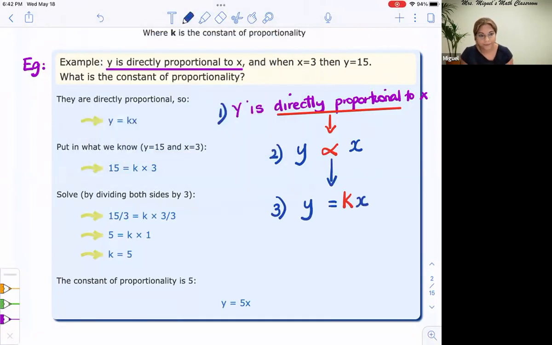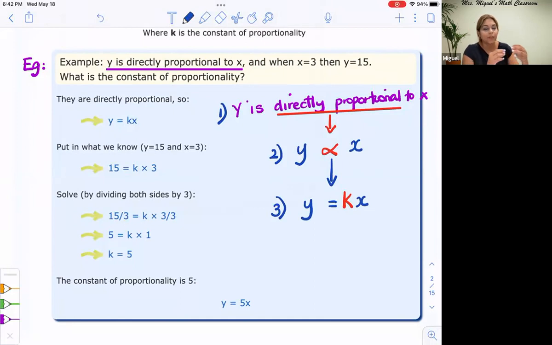So let me go back. The question that you are getting on the 1st of June will have variation. It will have proportionality. They will bring either direct proportion or indirect. Right now, I am teaching you direct proportion.